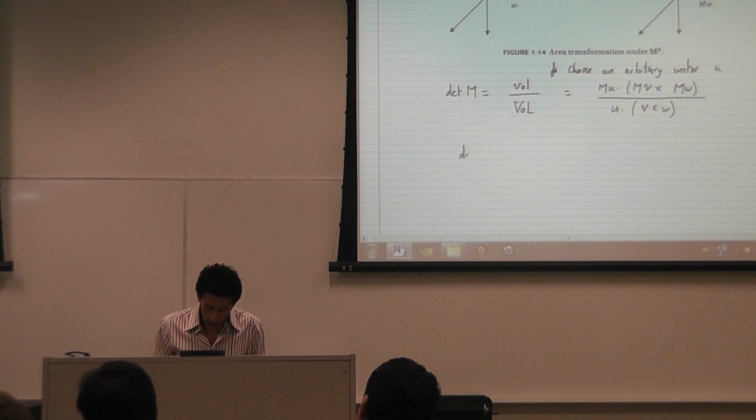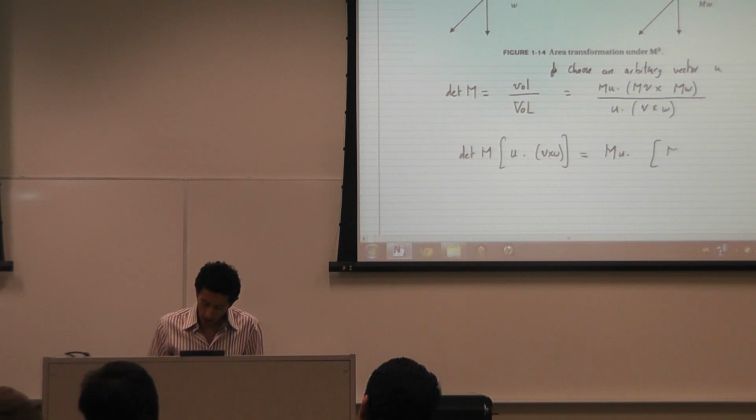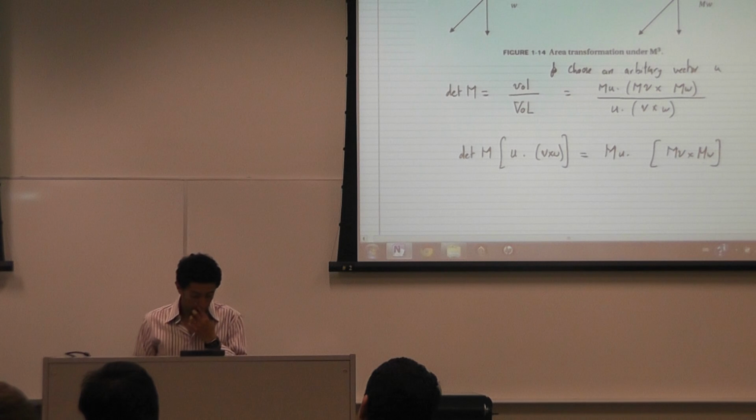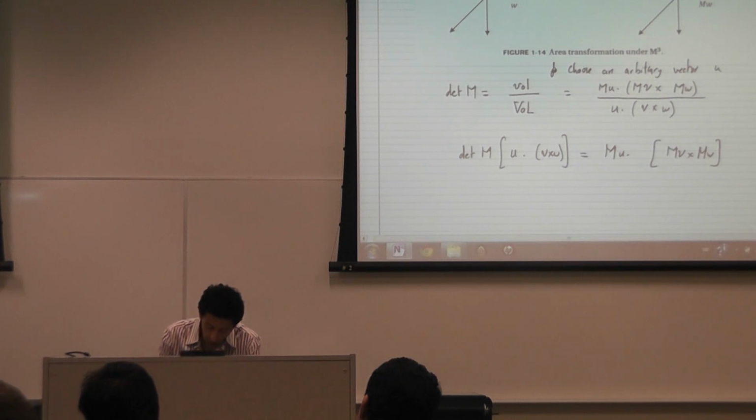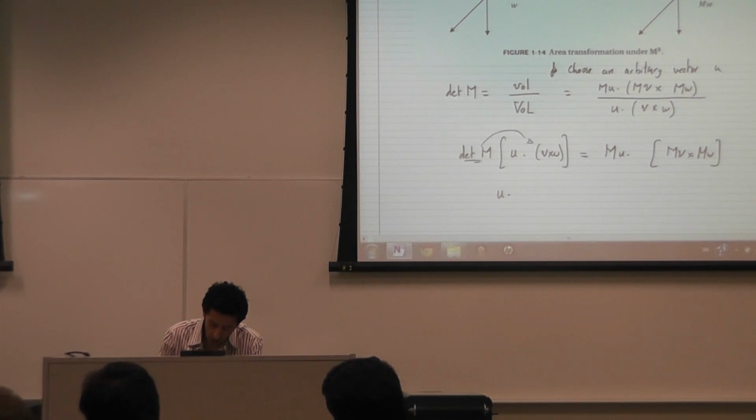Which tells me that the determinant of M multiplied by U dot V cross W is equal to MU dot MV cross MW. Which tells me that U dot, this is a number, I can just multiply it by the second vector.